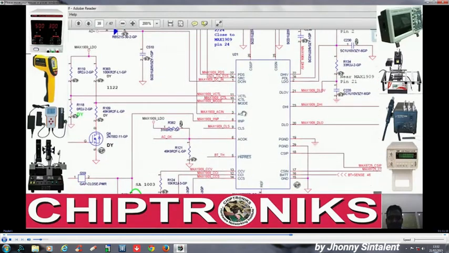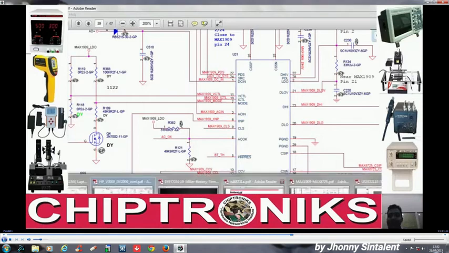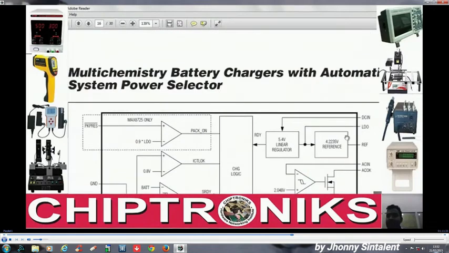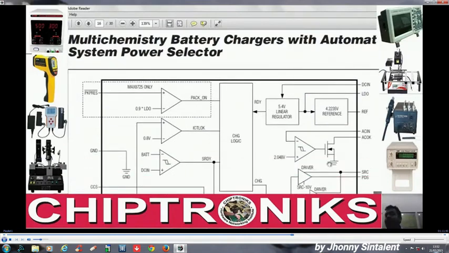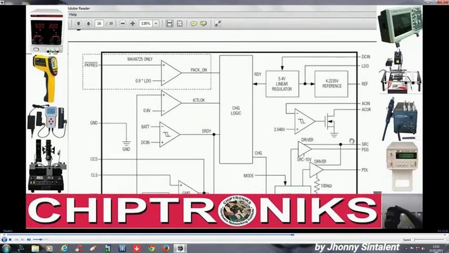You see AC in, AC OK, and AC OK is tied up externally to MAX1909_LDO through a resistor. This value is 5.4 volt as seen over here. Okay, so if AC in is present, if the adapter is present, then this would be given less value, that is, this is not connected.